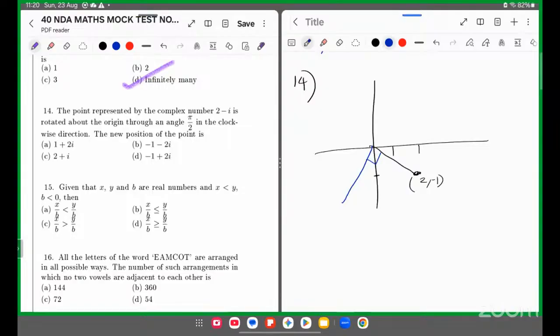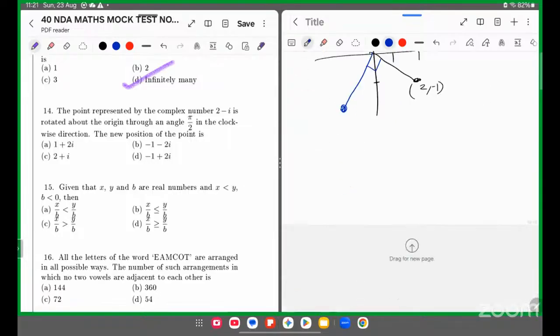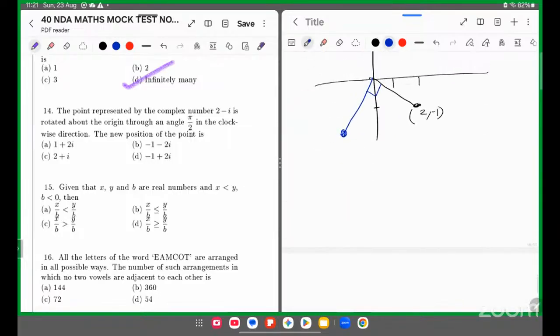So the new position of the point. When you rotate the point, magnitude remains the same. Only angle changes.